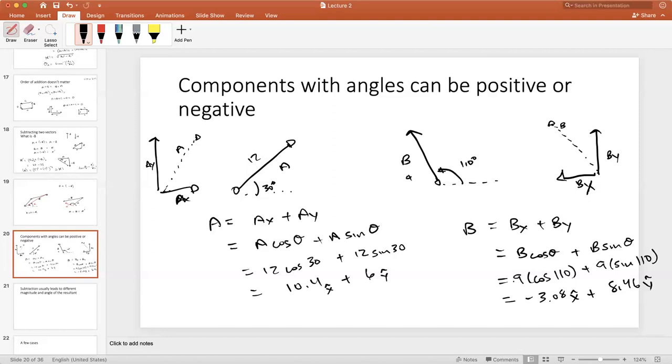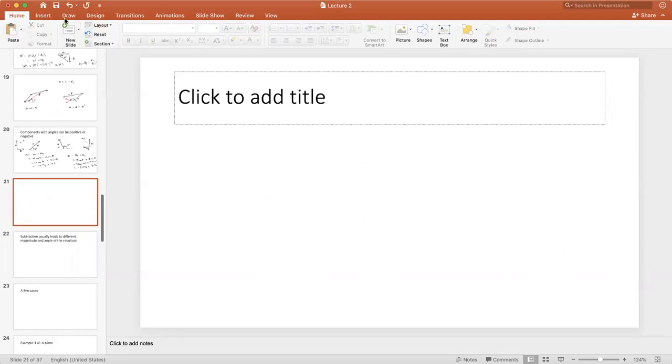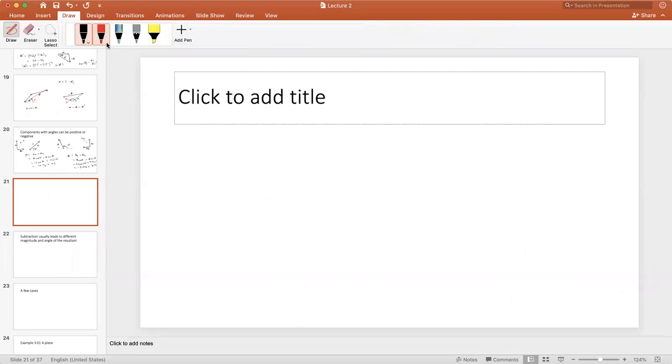And now, if I want to add them, I see that I have A, and then to add them, I have to put the tail of B at the tip of A. I know they're not drawn exactly to scale.